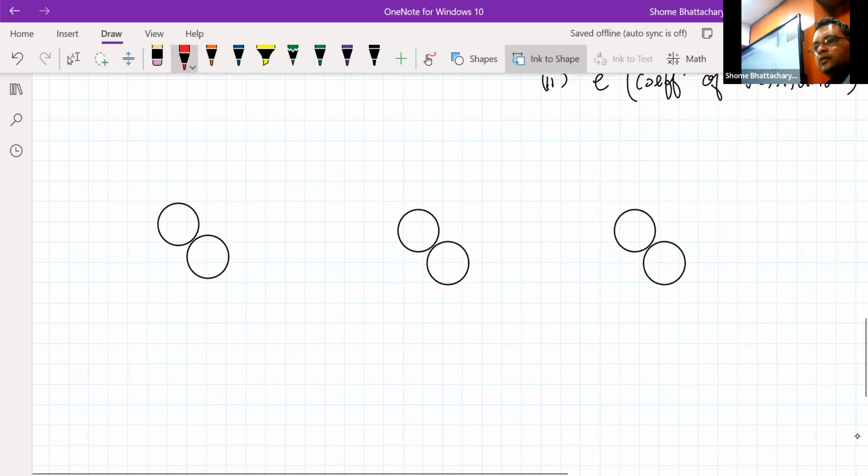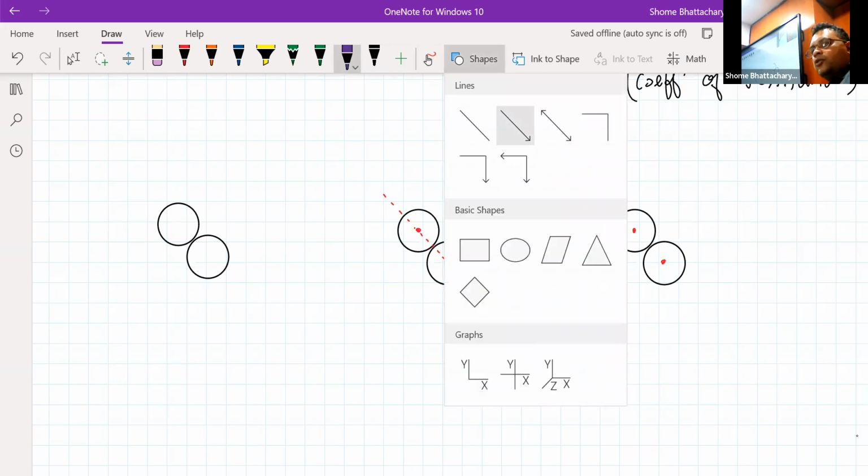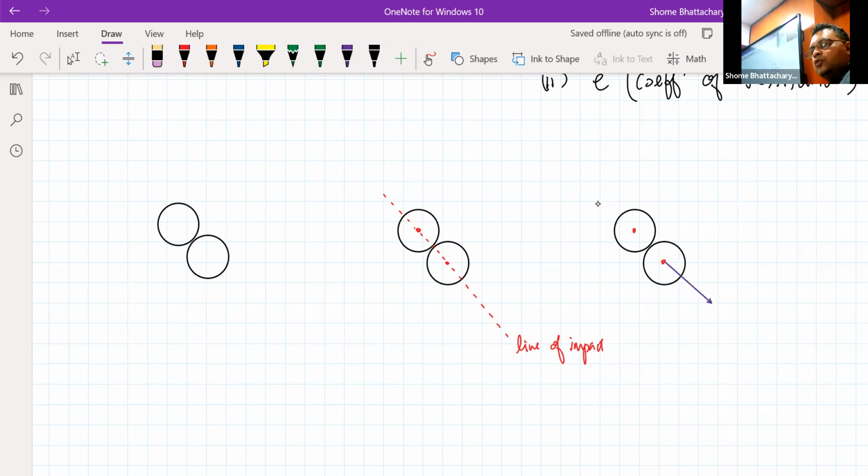So when they come in contact, obviously the collision impulse will act along this center to center line. So this is our line of impact. And therefore, what we'll also understand is that after impact, this body will go off with a velocity along this line only, because it was initially at rest.